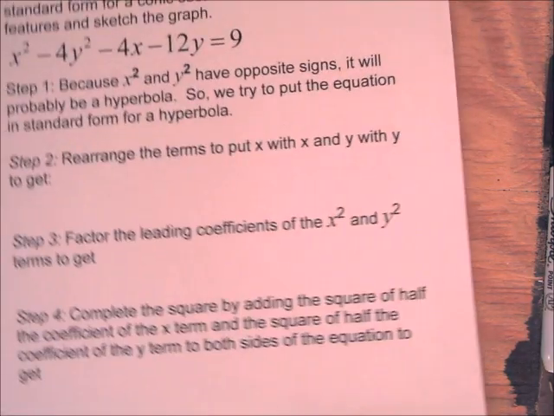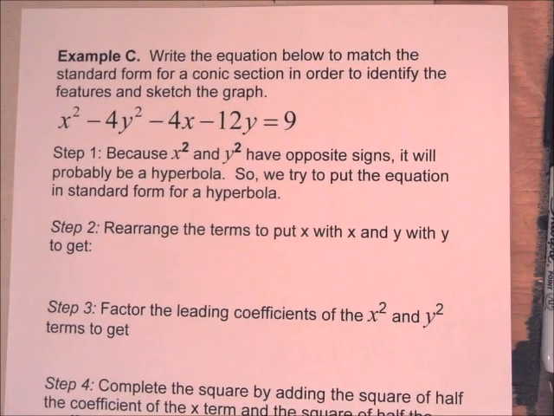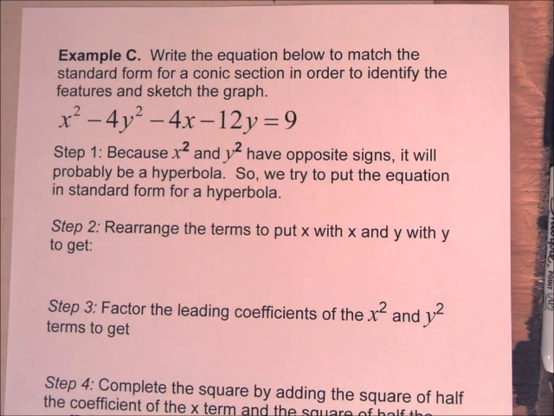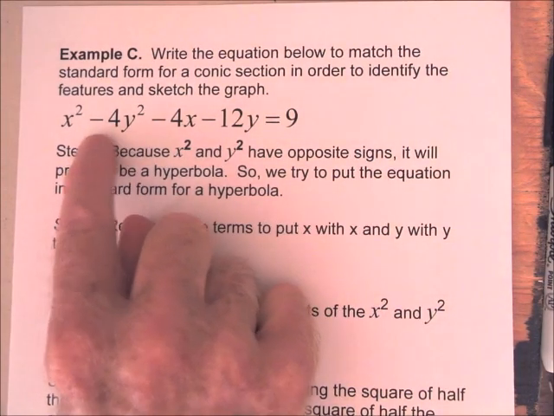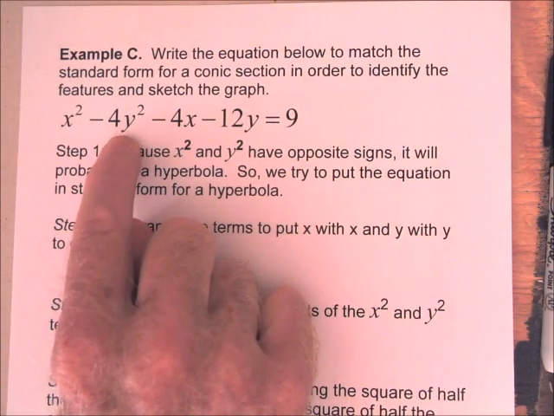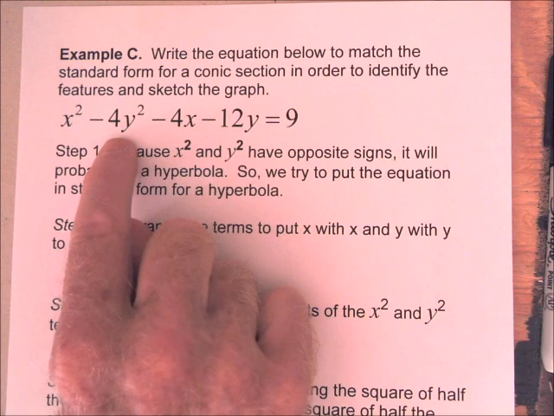Here's another conic section. In this equation, x squared and y squared have opposite signs. So it's probably going to be a hyperbola.